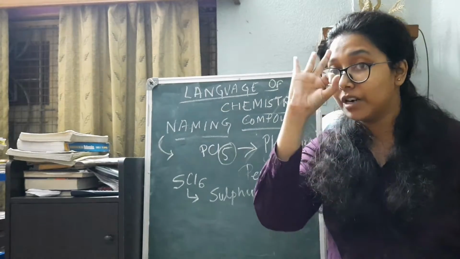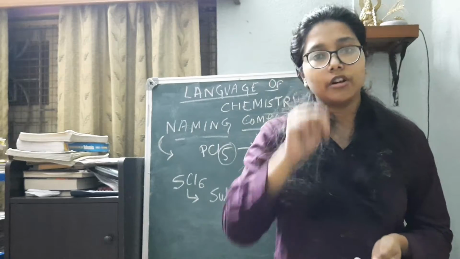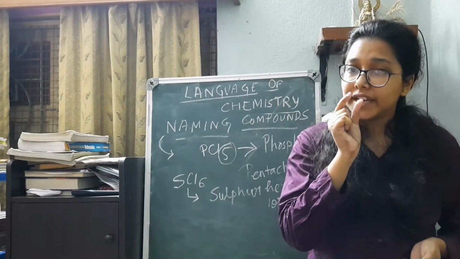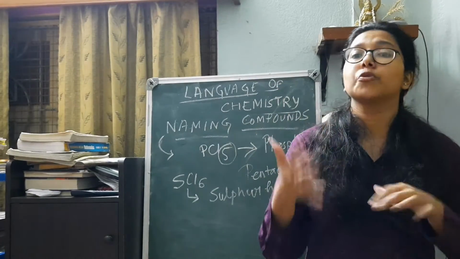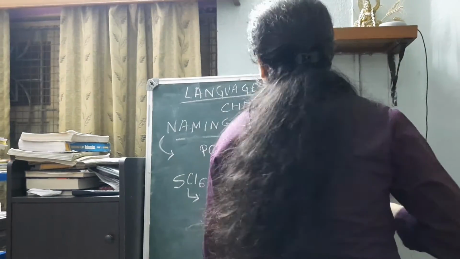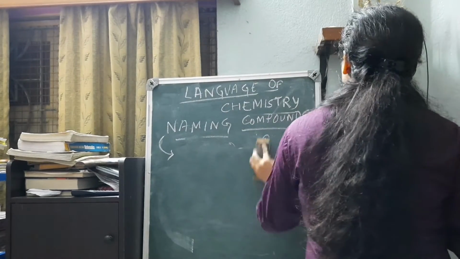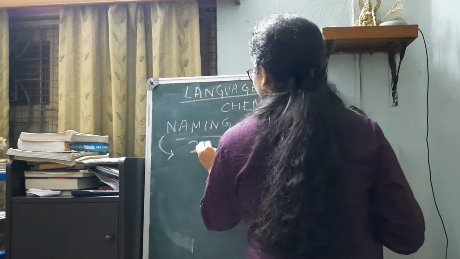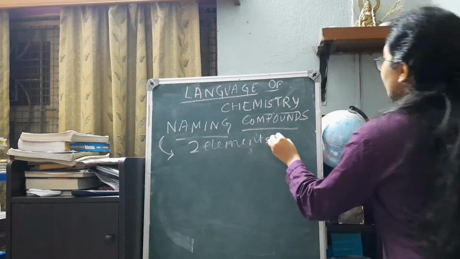Now case number 3. One metal, one nonmetal done, two nonmetals done. Case 3 is where two such elements are present and, in addition to these two elements, we have an oxygen.